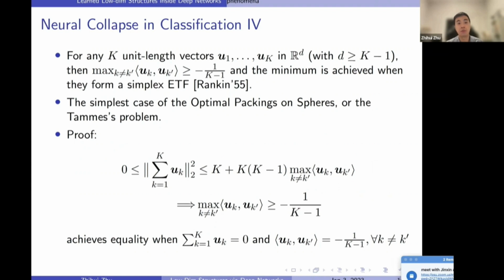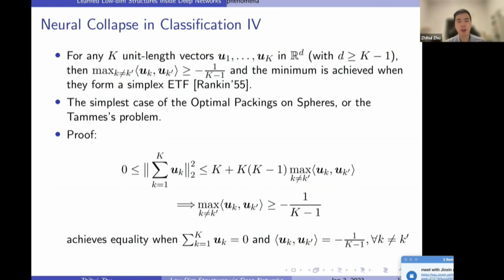This is captured by this result, which says that if we have k unit length vectors u1 to uk in a d-dimensional space, where we assume the dimensionality d is relatively large, which means d is at least k minus 1, then if we look at the angles between them, captured by the correlations between each pair of vectors, the largest of these correlations will be at least -1 over k minus 1, which means we can't make them smaller than this value.